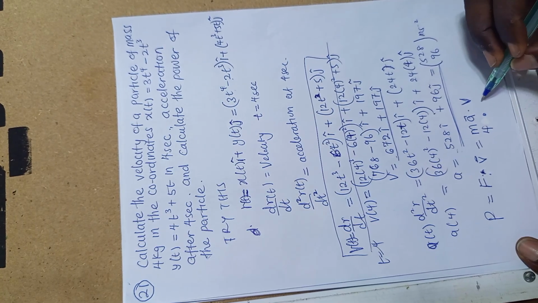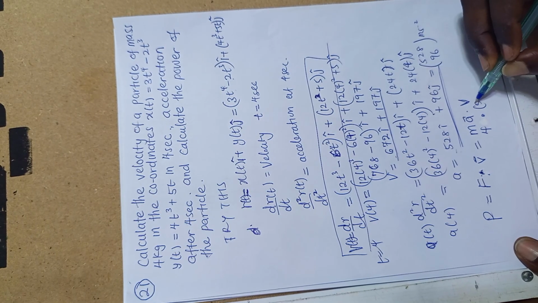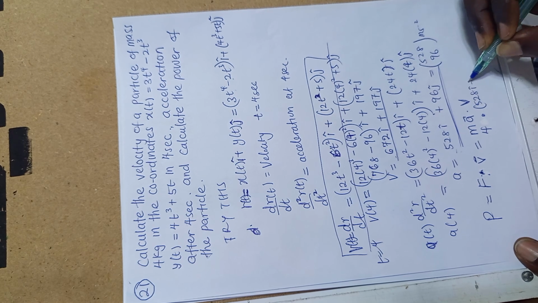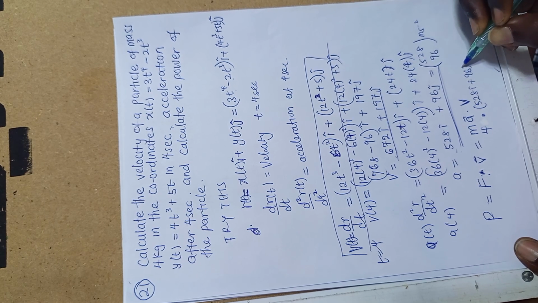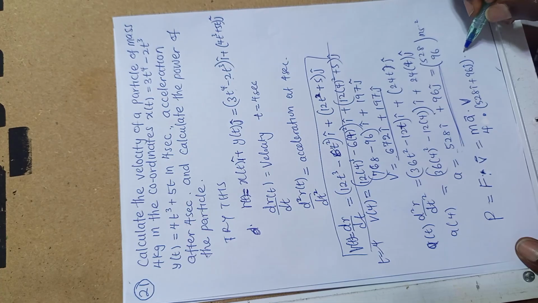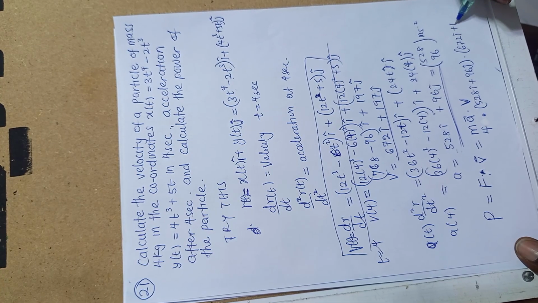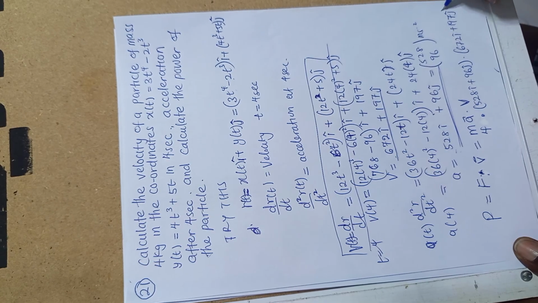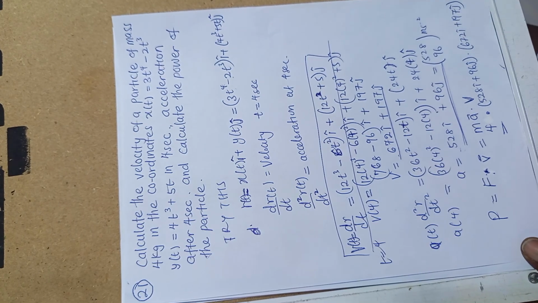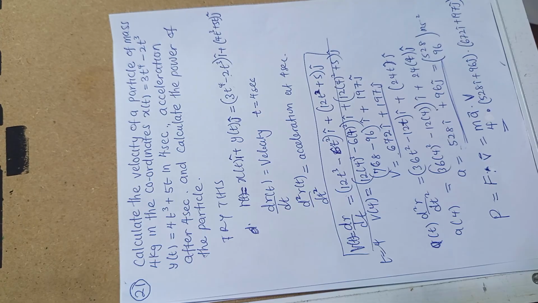What's our a? Our a is 528i plus 96j, dot, what's our velocity? 672i plus 197j. So with that, you can get your power. Just dot it and do your final addition.